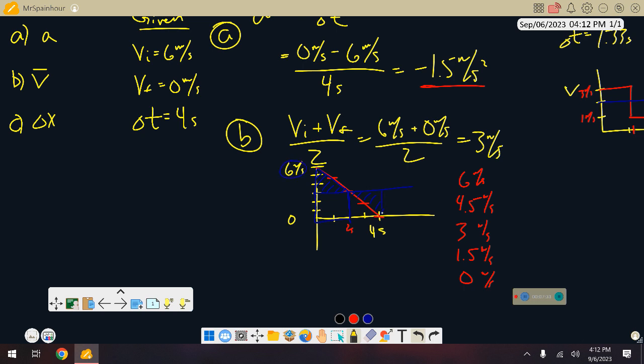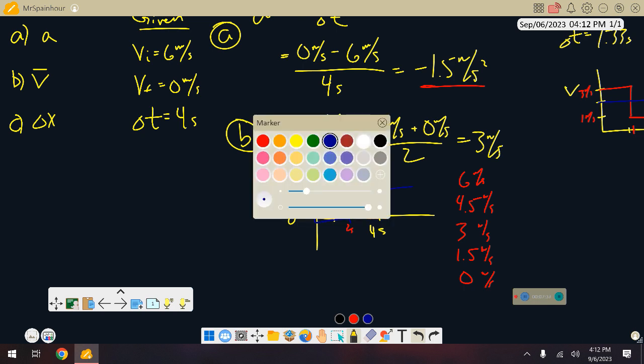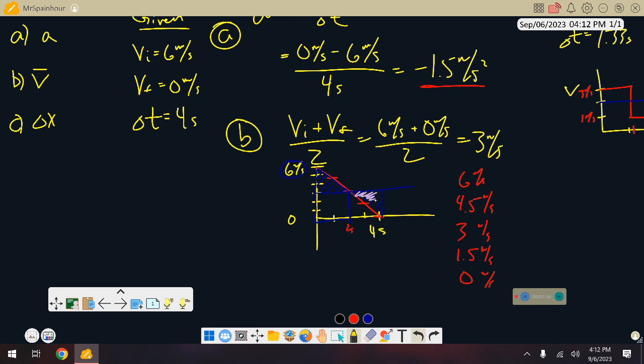But over here, I'm going to lose this section. Let's go ahead and use another color. I'm not going to cover that distance. And if you'll notice, this extra that I covered in the first part is enough to make up for this section right here that I missed.